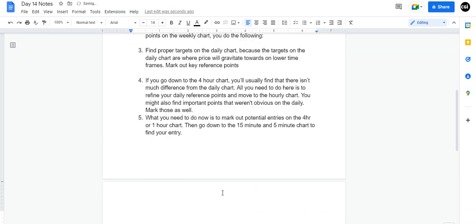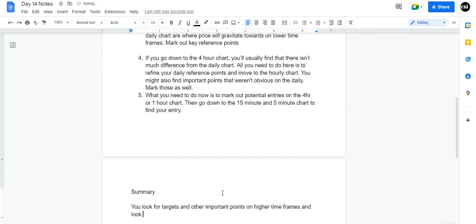So, summary, all right, summary. You look for targets and other important points on higher time frames, and look for entries on lower time frames.